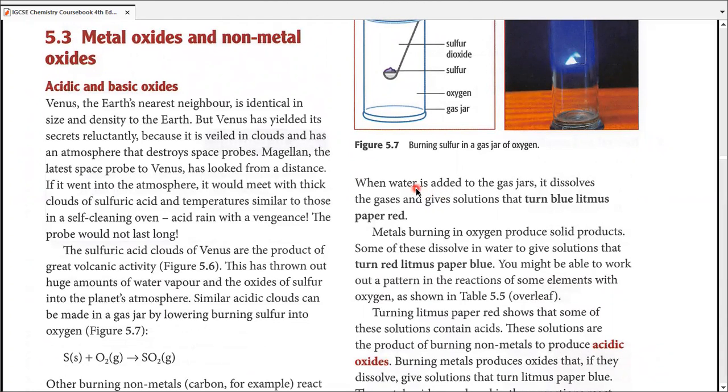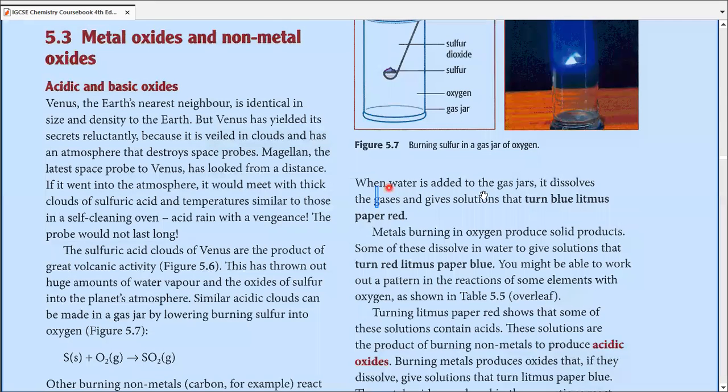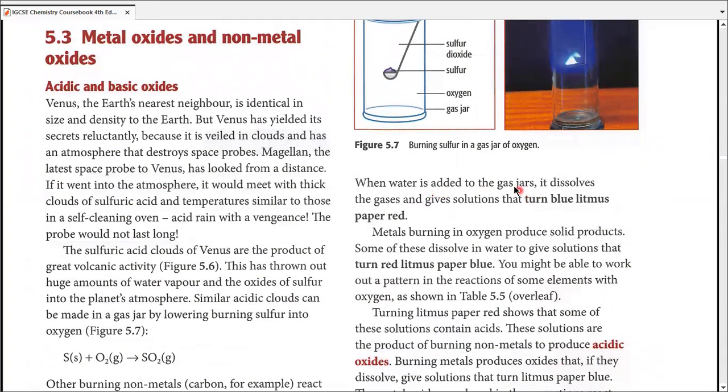We can call it the second most reactive non-metal after fluorine in the periodic table. The first one is fluorine. Being more reactive means that it can react with almost anything around the periodic table, and that's actually true for oxygen. Oxygen can react with most of the non-metals as well as most of the metals.